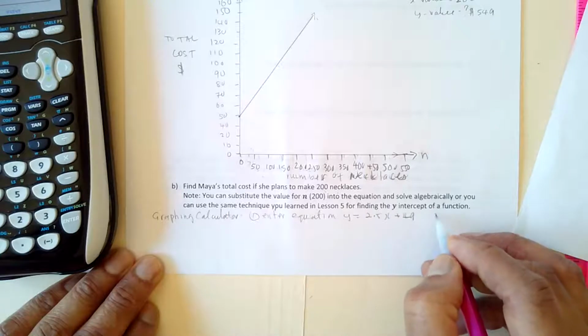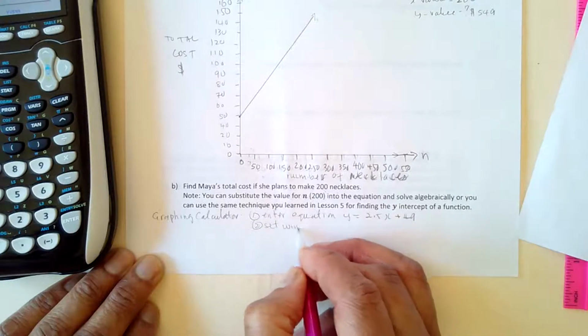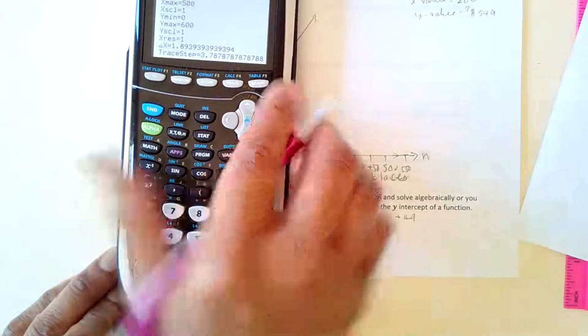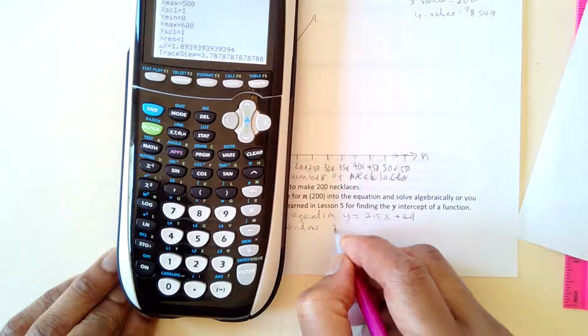Next, we set our window, which we set to be 0 to 500.